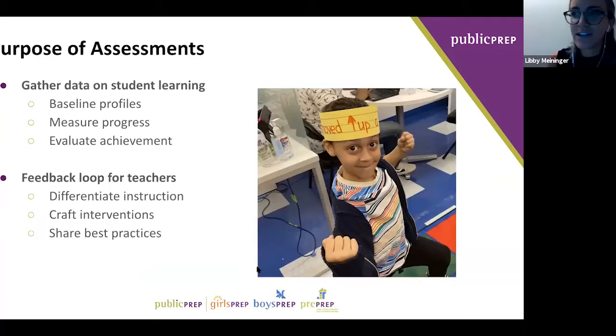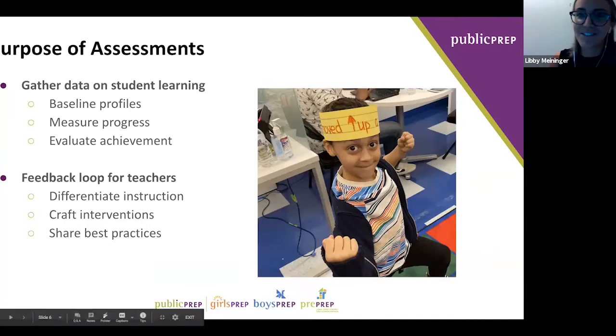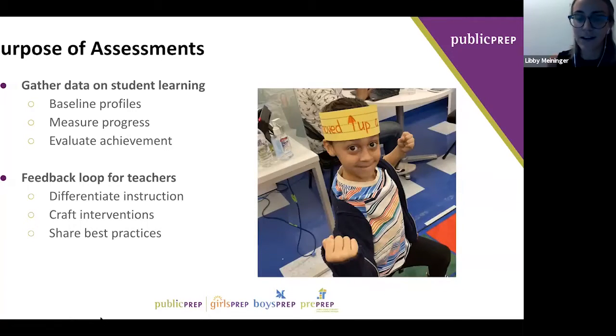Okay, so to get us started, let's first talk about the purpose of assessments. Why do we do assessments anyway? I'm sure many of you hear the word assessment and start to feel a little anxious as you think back to your own experience and your own test taking experience in school. But something that we really want to stress here is that assessments at public prep are not scary.